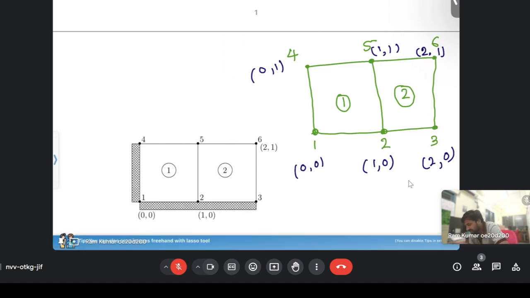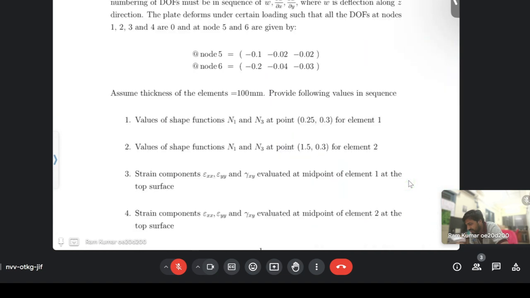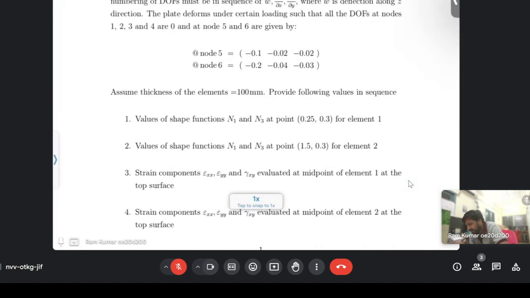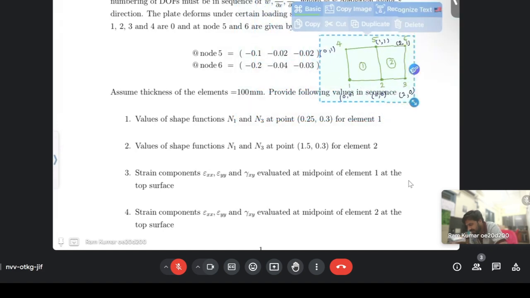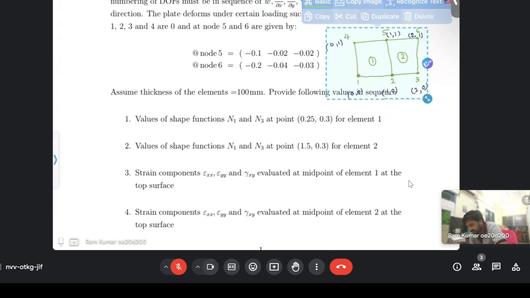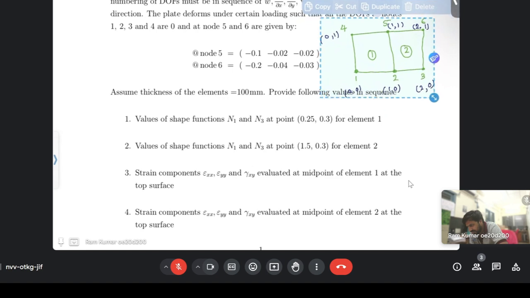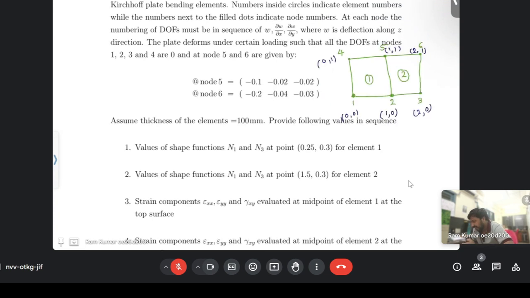I will just copy this one from here and paste here. Now again I will read the question. Consider the mesh given in the figure below. Okay, this is one of the meshes.